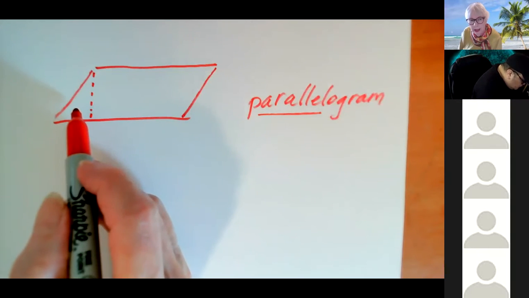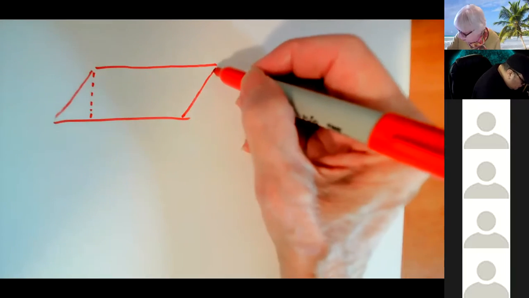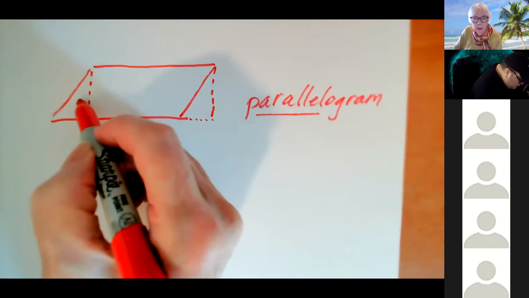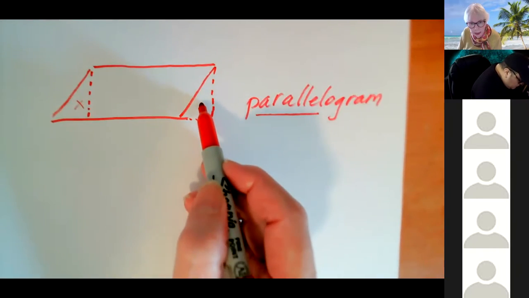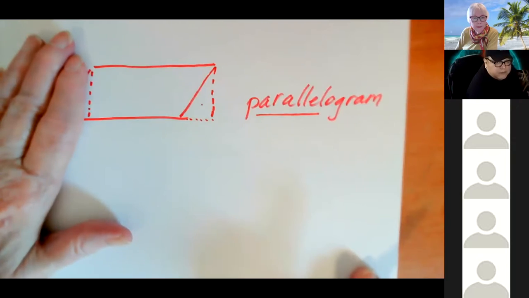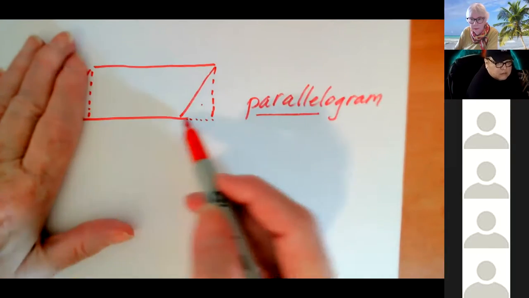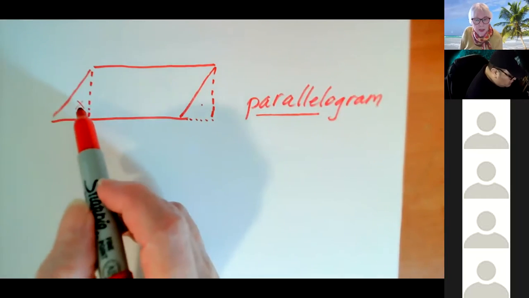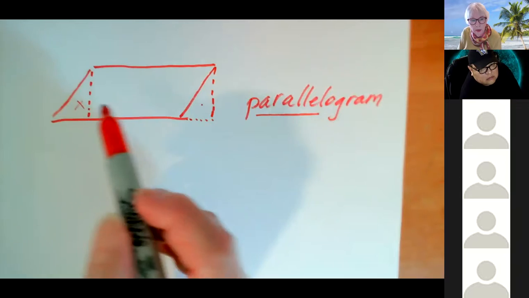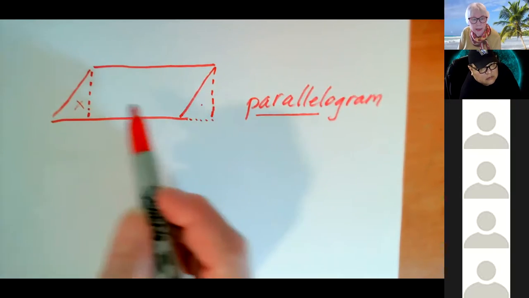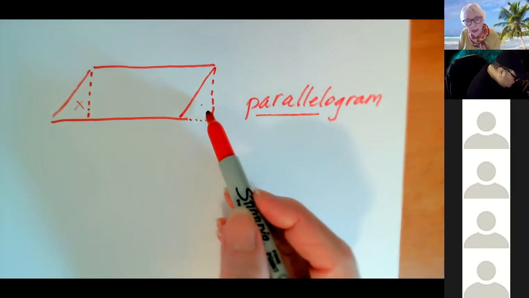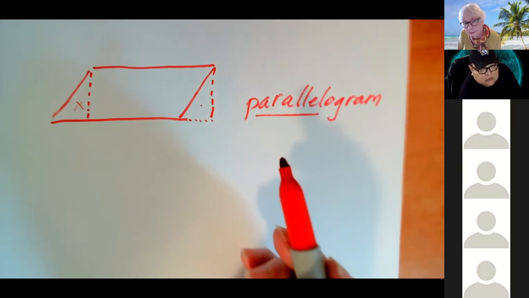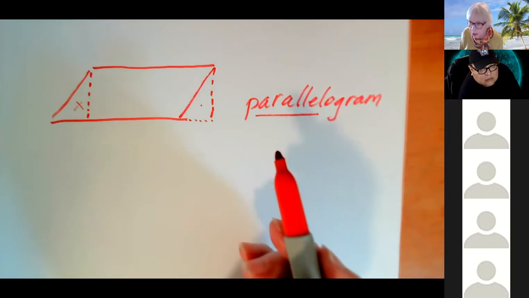If I picked it up and placed it over here, in other words, I moved it from here to here, what do I have now? What is this? Rectangle. Yeah, it's definitely a rectangle. So this piece and this triangle and this triangle are equal in area. And so when you pick this up and put it over here, you're talking about a rectangle. And a rectangle is something we know how to deal with.